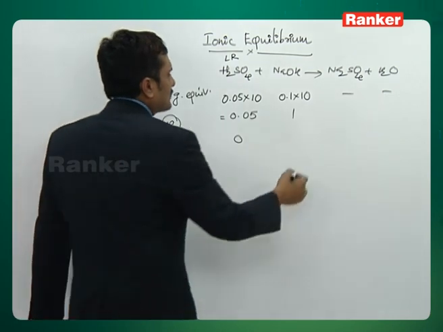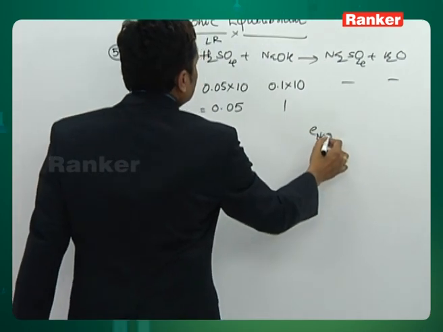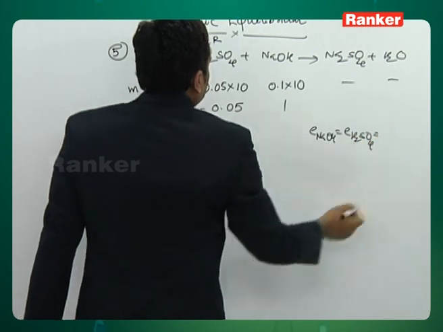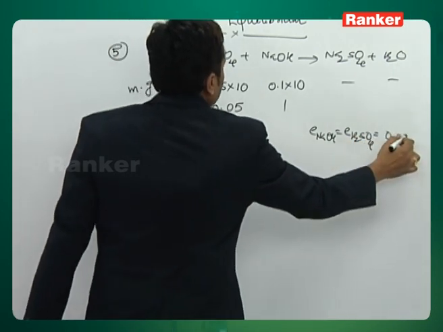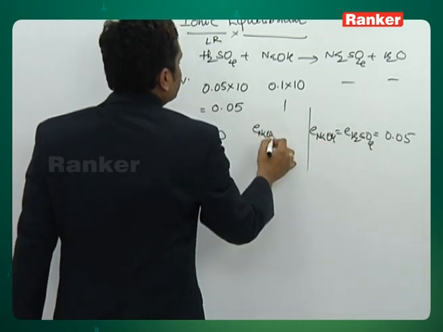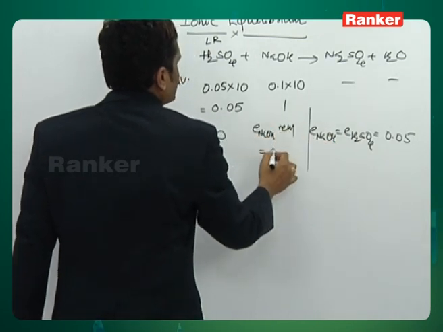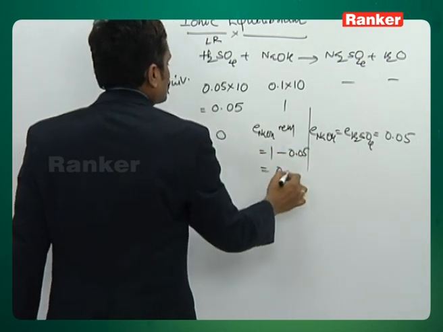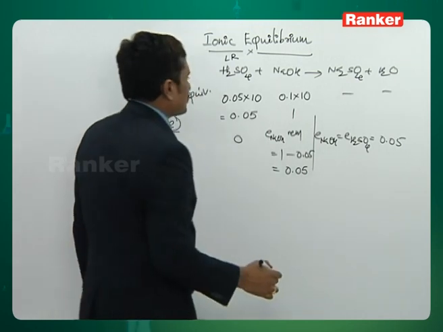So therefore, the equivalence of NaOH reacted is also the same as that of H2SO4 as per the law of chemical equivalence. They are nothing but 0.05. So therefore, the equivalence of NaOH remaining is the initial minus reacted, that is the difference between the two, which is 0.05.